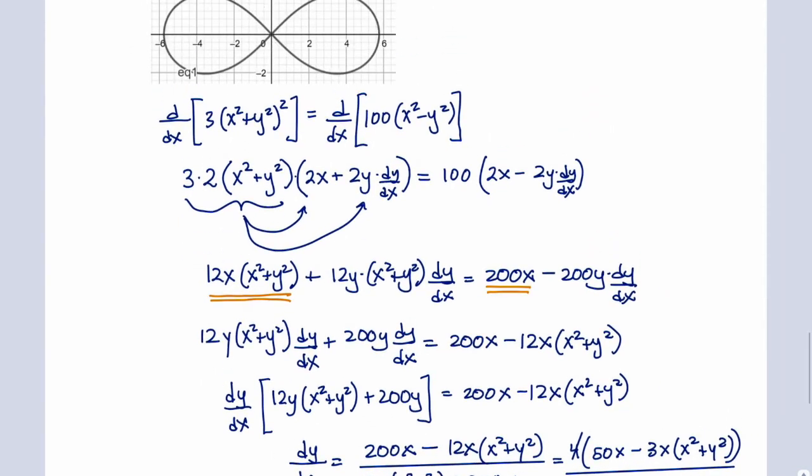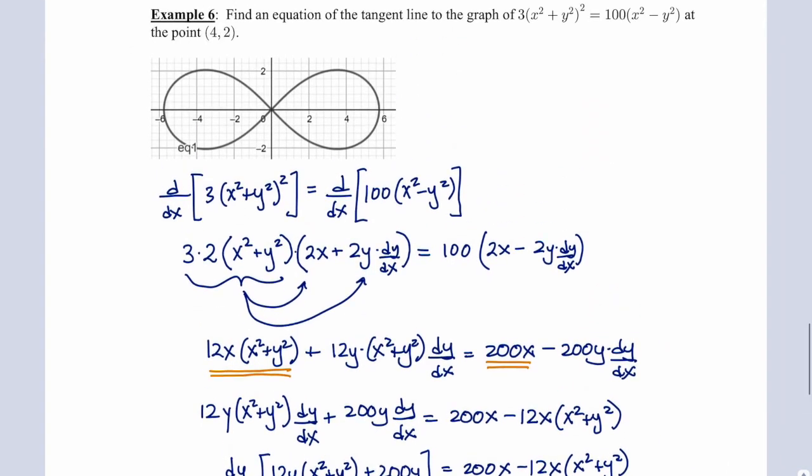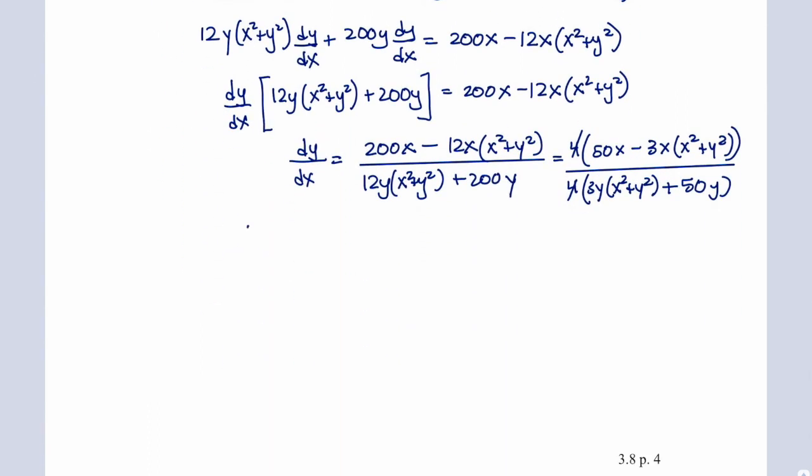All right, and now that we have that, we wanted the equation at the point (4, 2). So up here, dy/dx at (4, 2). So 4 for the x's, that's going to give me 200 in the numerator minus 12 times 16 plus 4, so 20.